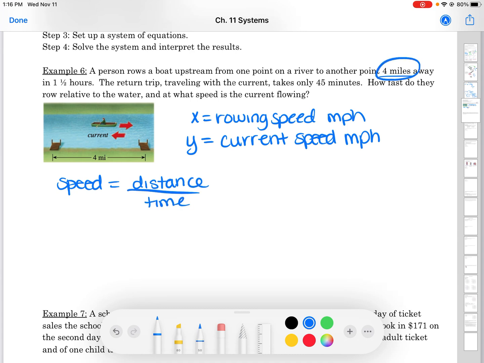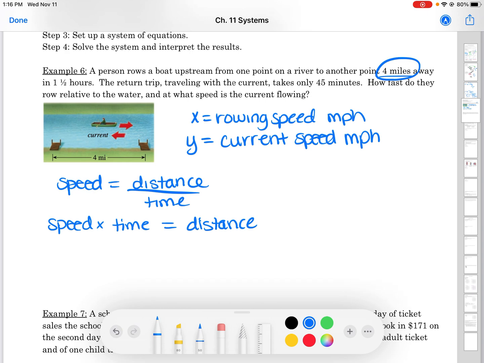And since we know what distance is, why don't we make this speed times time is equal to distance? That might make life a little bit easier since distance is going to be a constant number for us. It's 4 miles.